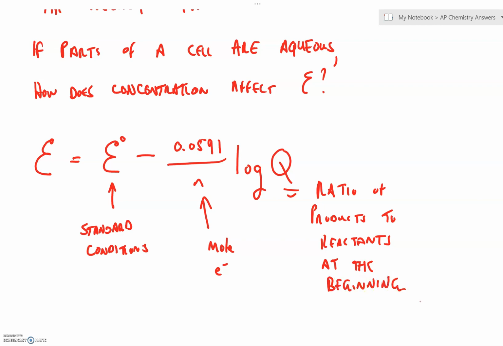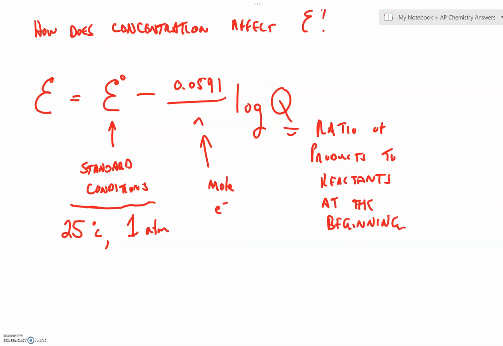Okay, so let's assume that under standard conditions over here, my pen doesn't write consistently, that under standard conditions we are going to assume 25 degrees Celsius, 1 atmosphere, and that's not really going to be a consideration here, and 1 molar solutions.